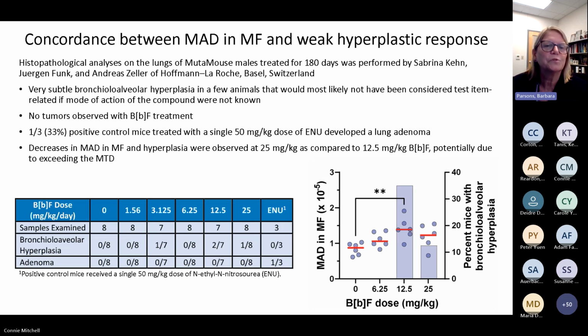So no tumors were observed with BBF treatment, and 1 of 3 ENU positive control mice had a lung adenoma. On the bottom right, what you see is concordance between our MAD in mutant fraction measurements and the percentage of mice with bronchioalveolar hyperplasia. And you see the same effect, with the highest level of mutation in the lesions in the 12.5 mg/kg group and not the 25. Next slide, please.